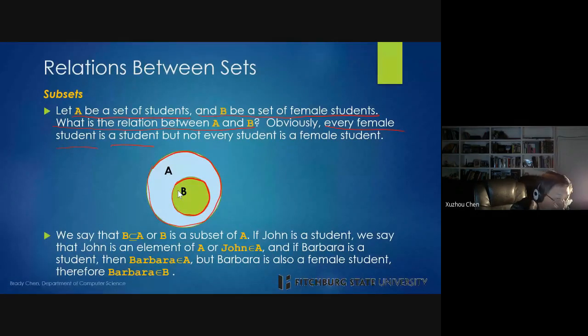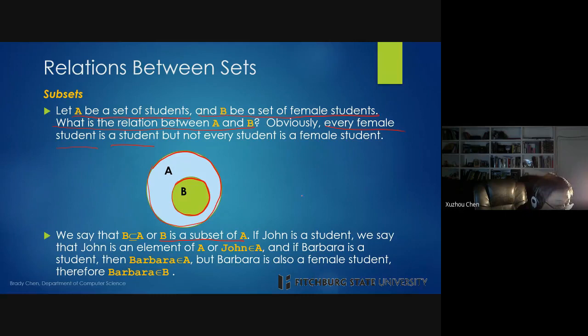So just use our common sense or knowledge. In this case, B is called a subset of A. B is a subset of A.